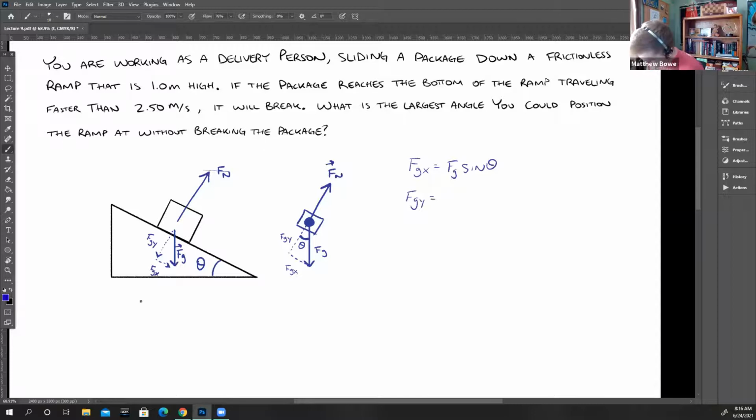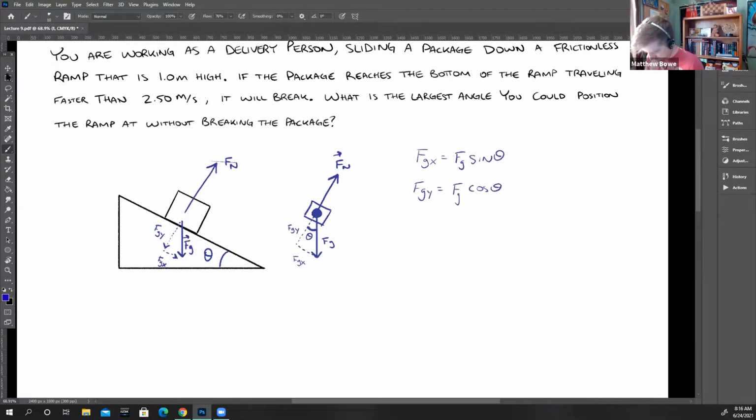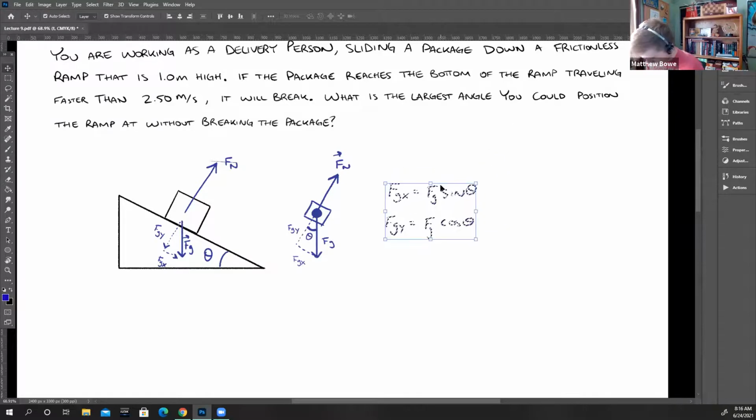So this is the only tricky thing, is that they swap. Oops, sorry. F sub g times cosine theta. All right. I'll just put that next to there.